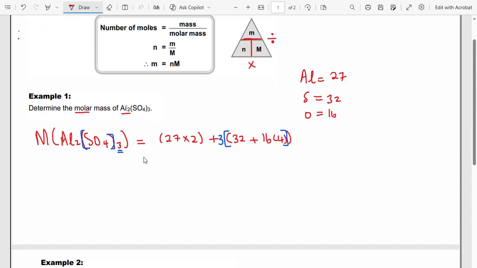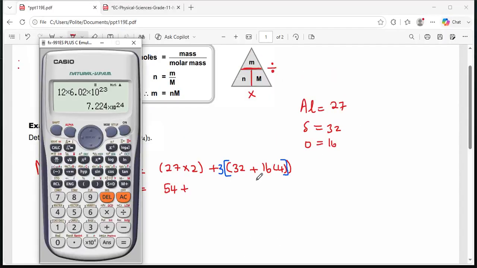So now this will be 27 times 2. That should be 54. We add this to 32 plus 16 times 4. We can definitely work that out on the calculator. 32 plus 4 times 16, then this gives us 96.